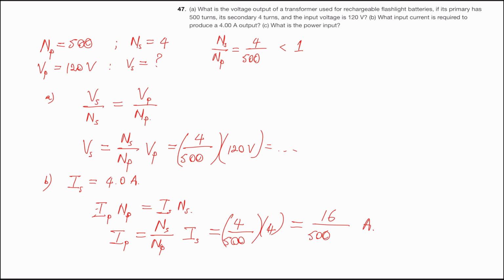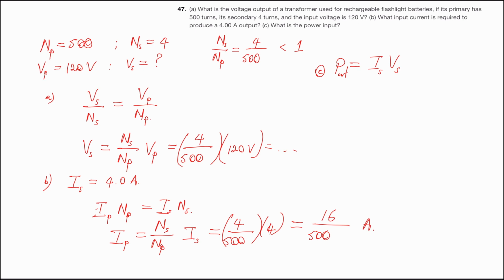Now part C, they say, what is the power input? Well, electrical power, the definition of electrical power is equal to the current times the voltage. Well, now we're interested in the output, so we're going to say power out. The output here is the same as the secondary. Well, we know what our target current is on the secondary side. It's 4 amperes. But what about the voltage?